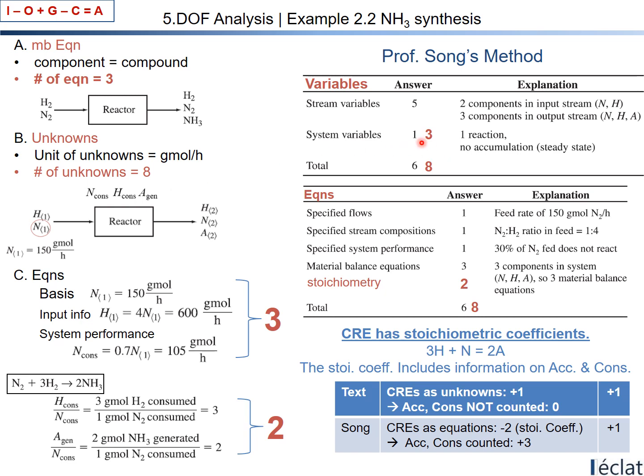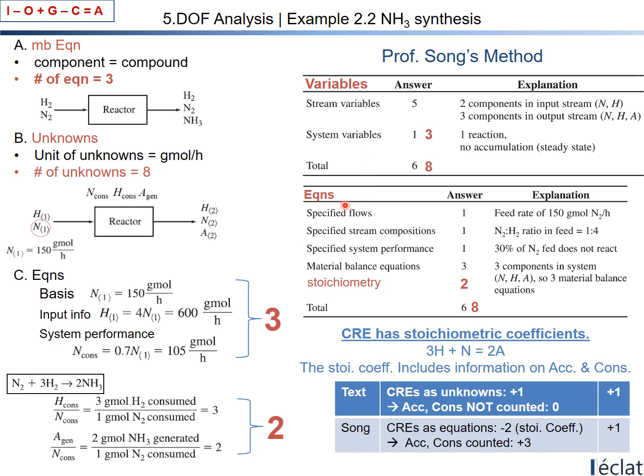So 1 versus 3. And then the total number of variables or unknowns is different between those two methods: 6 for the textbook method and 8 for my method, Professor Song's method. So there is some difference in the number of unknowns or variables.